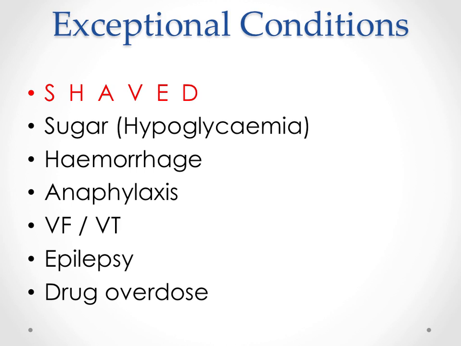Sugar, hemorrhage, anaphylaxis, VF or pulseless VT, epilepsy and drug overdose all need immediate management in conjunction with good airway management in order to increase the patient's survival rate. There's no point in having the best ABC structure and the best ABC management if your patient's having an acute anaphylaxis and you don't manage that appropriately.